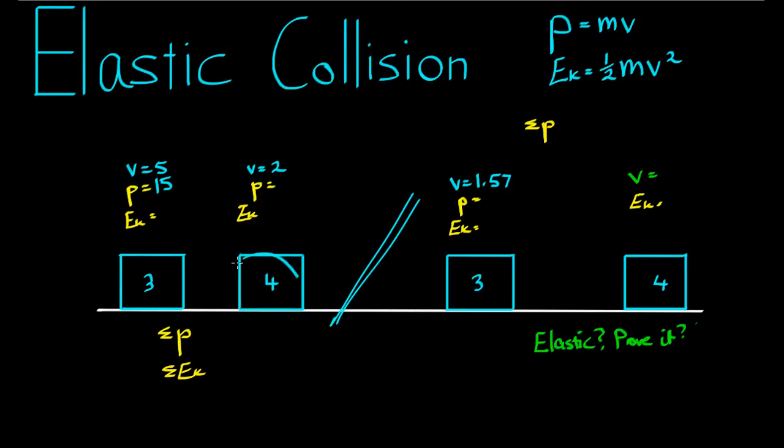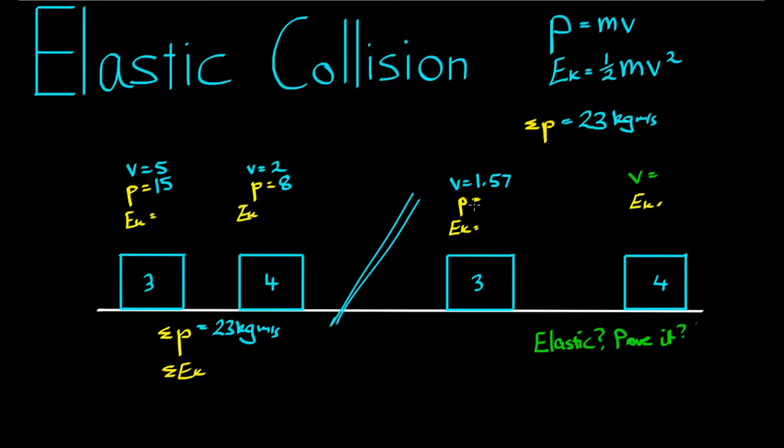P is equal to mv, that's 4 times 2, that's 8. So the net momentum is equal to 23 kilograms times meters per second. That is the same as the net momentum here. So 23 kilograms times meters per second.